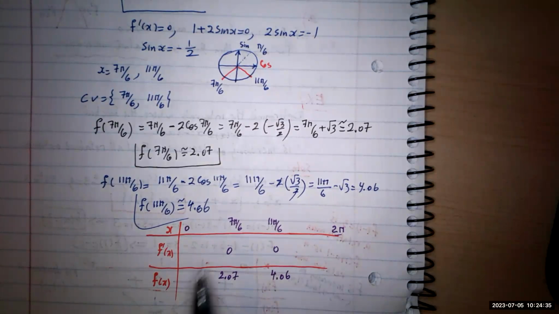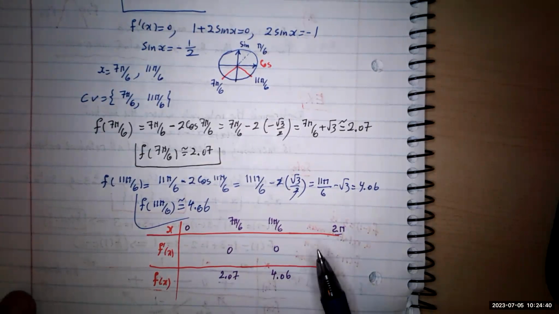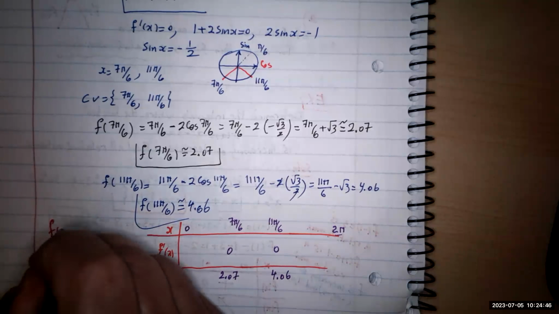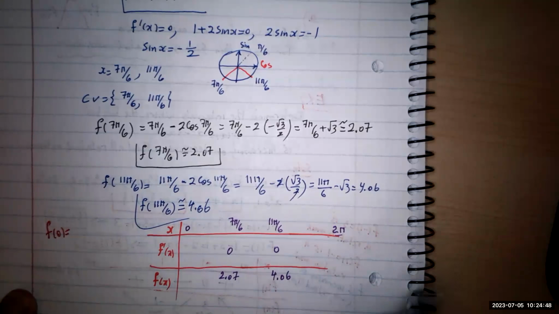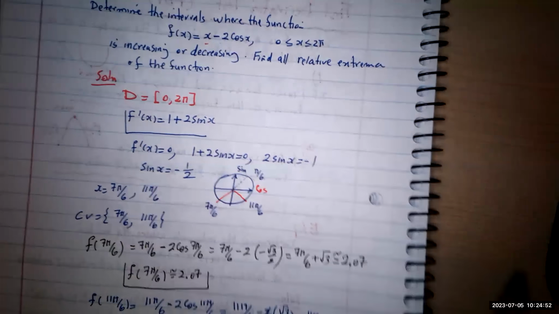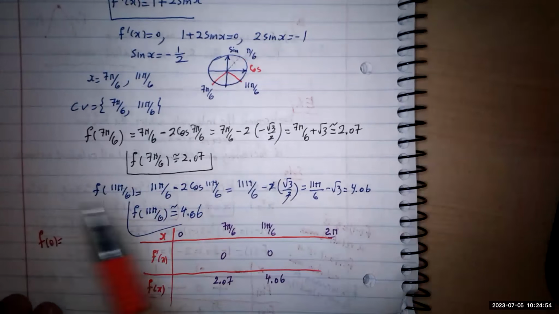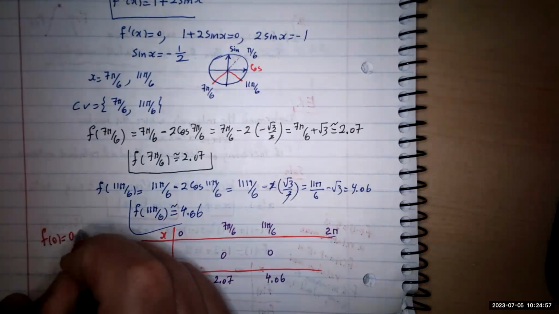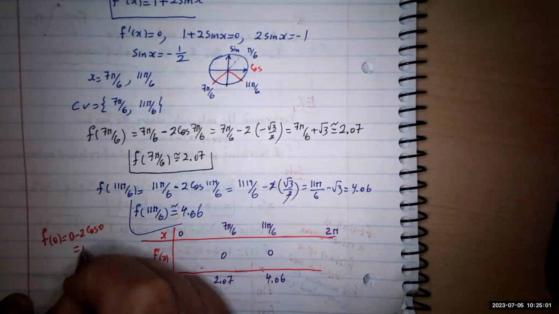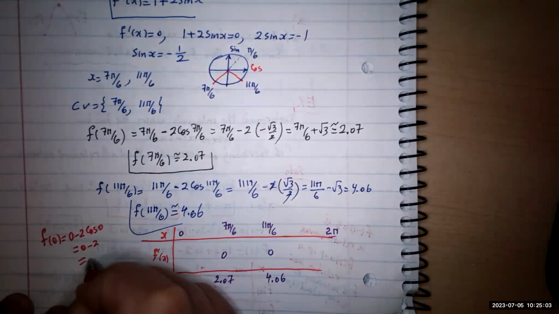For a trigonometric one, this method always works. So I find f of 0 in the function, which is easy. F of 0 is 0 minus 2 cosine of 0. Cosine of 0 is 1. So that gives me 0 minus 2, which is negative 2.